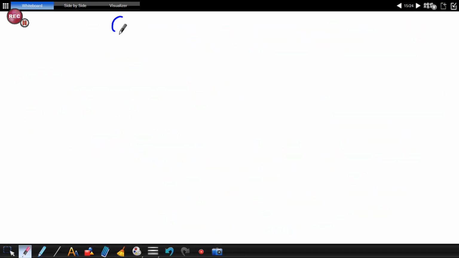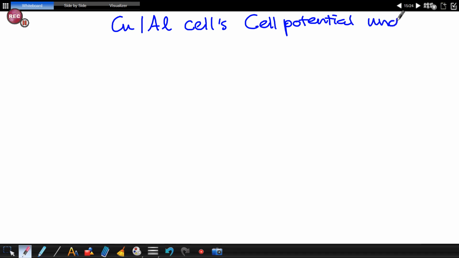So what is the copper aluminium cell potential under standard conditions? Now, let's just orientate ourselves again by looking at the cell notation.